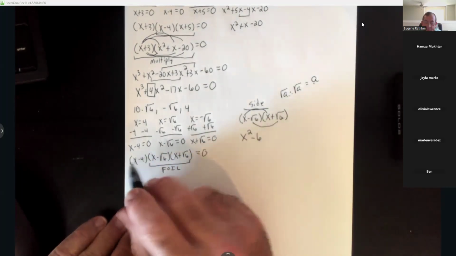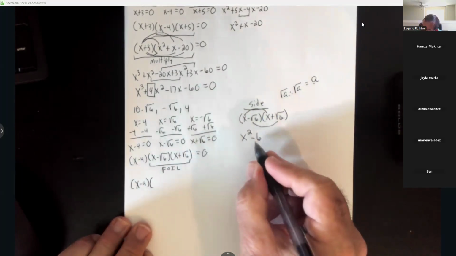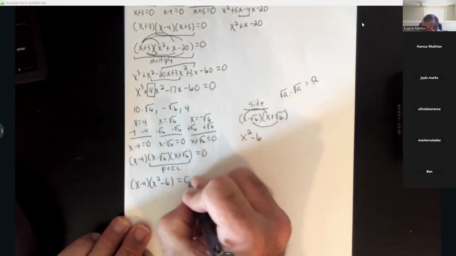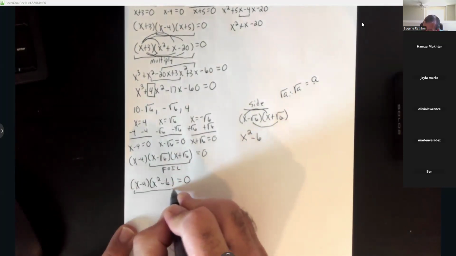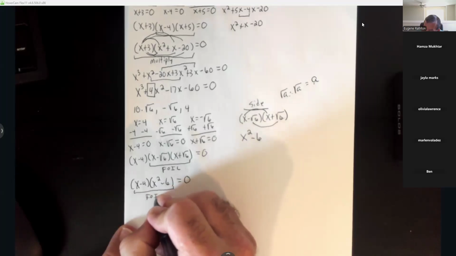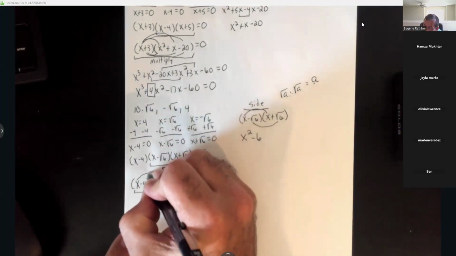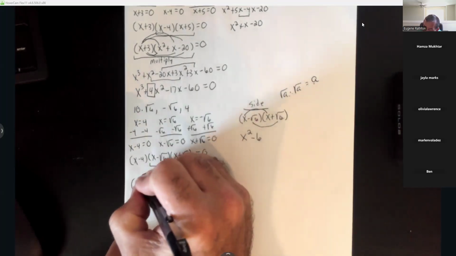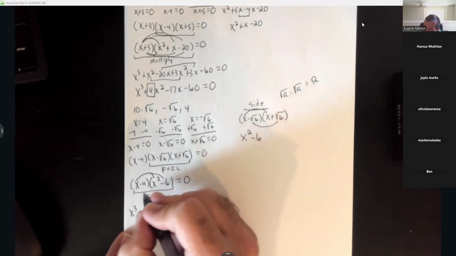All right, y'all. So I'm going to bring down that x minus 4. And then I'm going to put in my x squared minus 6. So now 2 things times 2. I'm going to FOIL these. And y'all, since it's the last thing I'm foiling, I'll just do it right here. So the x times x squared is an x cubed. X times negative 6 is a negative 6x.